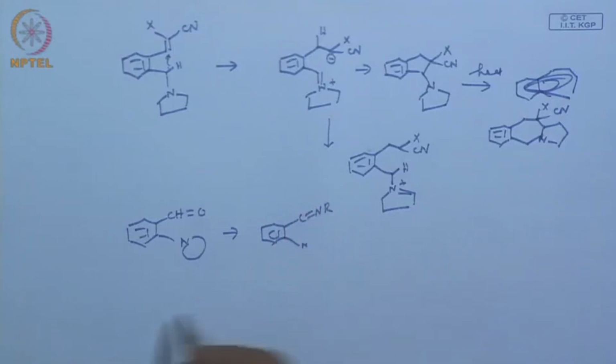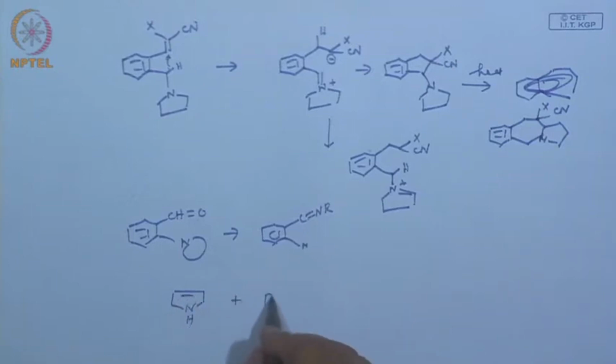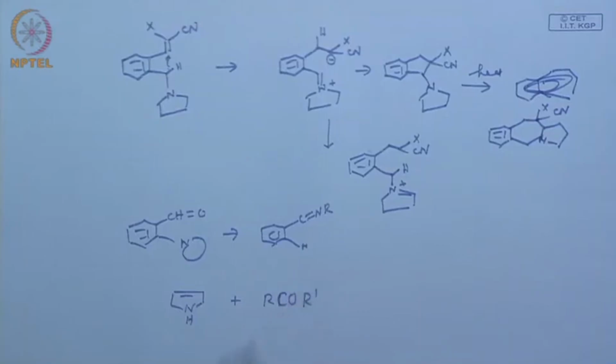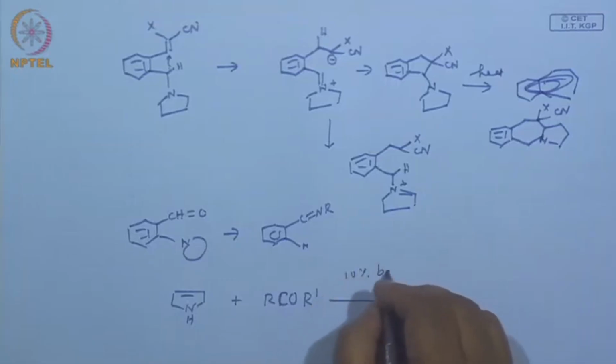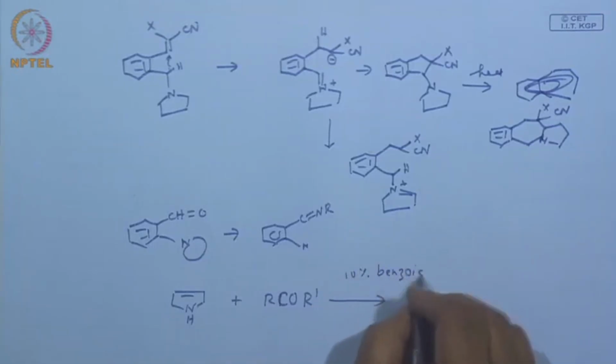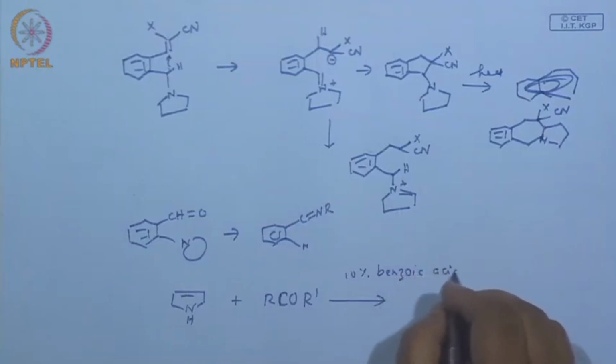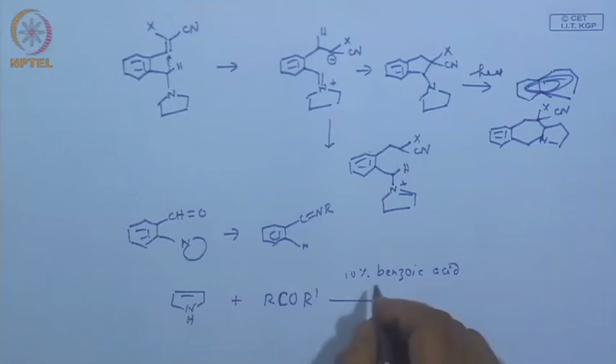Then one more, I will tell you, this is again a JACS paper. You take R CO, let us say R prime, and the reaction condition is nothing, just 10% benzoic acid, and then it was heated in toluene.